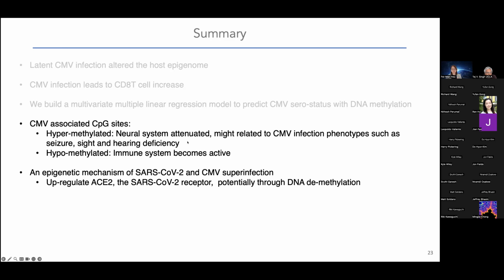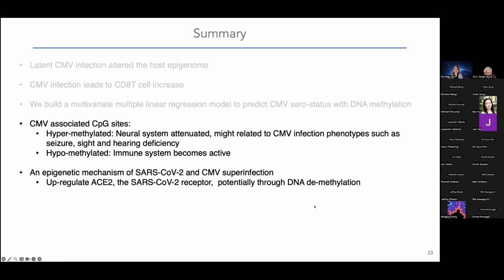Since they are hypermethylated, they are more attenuated in CMV positive patients, and might be related to the defects we see in congenital infections, from the seizure side and hearing loss. And for those hypomethylated regions, they are more related to the immune systems, like T cell activation, etc. And one of them is the ACE2 locus. We found this locus to be hypomethylated, which might be an epigenetic mechanism behind the SARS-CoV-2 and CMV superinfection.